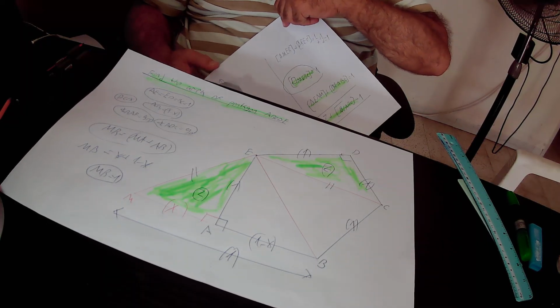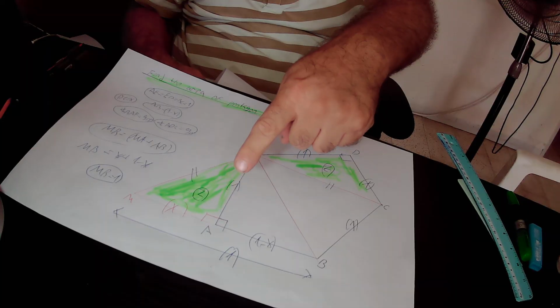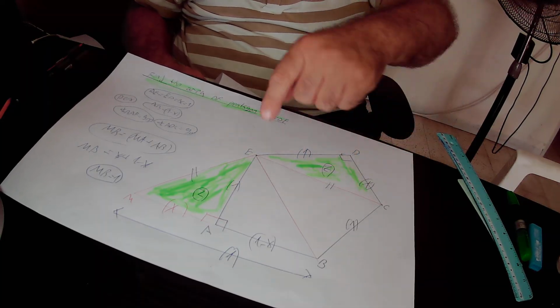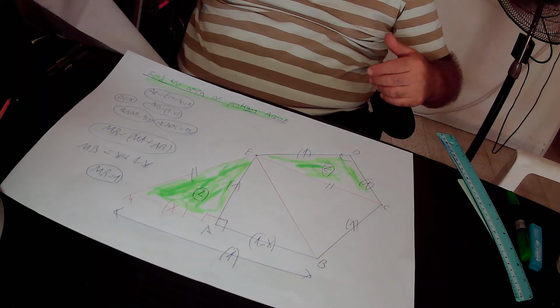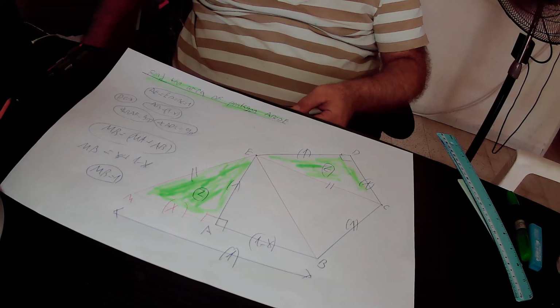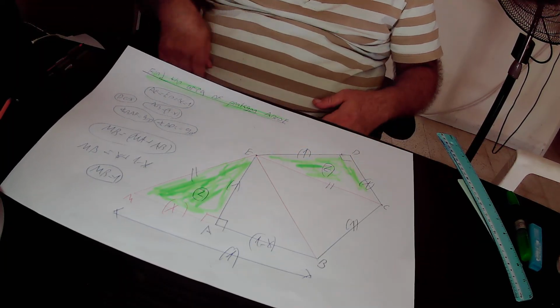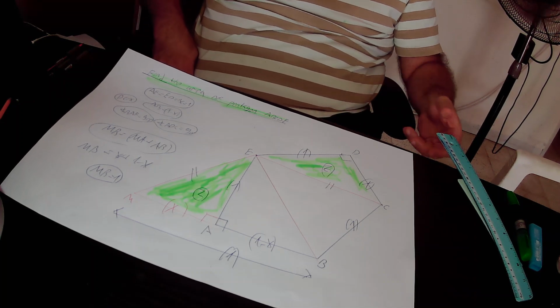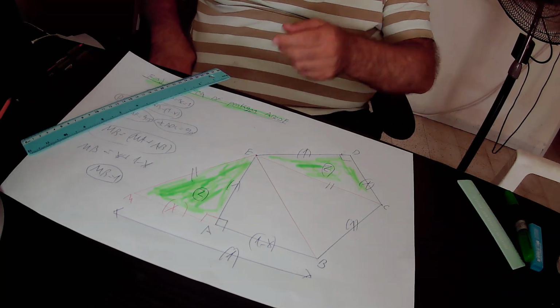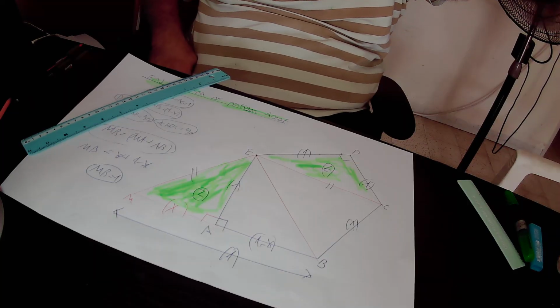Our task is to find out the area of this pentagon ABCDE. What is the area of this big pentagon ABCDE? The area of pentagon ABCDE must be equal to the sum of the areas of the two shapes that it consists of.